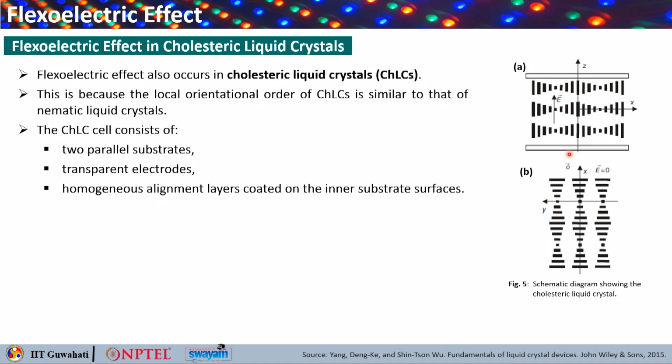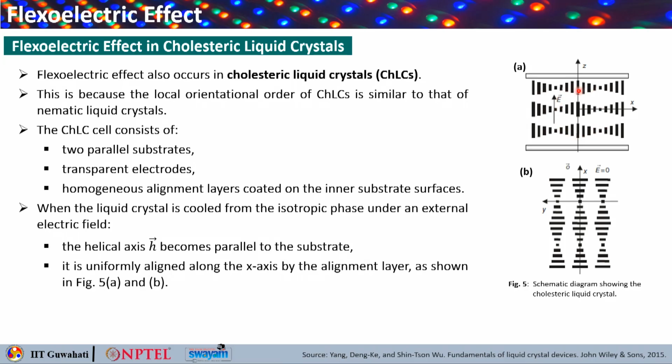Now consider a cholesteric cell. In figure A, you can see that there are two parallel substrates with transparent electrodes, and a homogeneous alignment layer coated on the inner substrate surfaces. This is the x direction and this is the z direction.